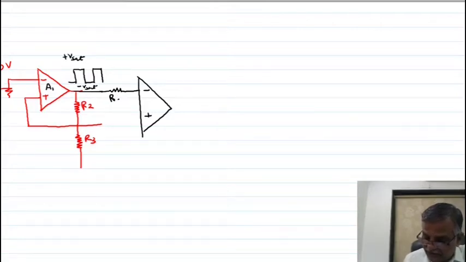This resistor, you can say R, I have connected here. Let me say the resistance is R1, this is C1.